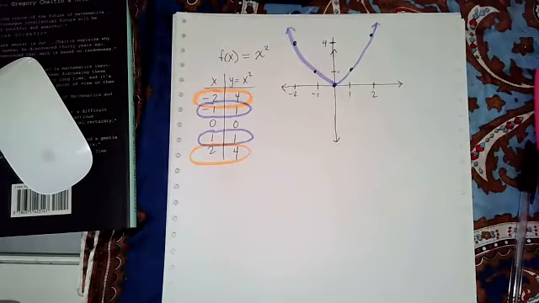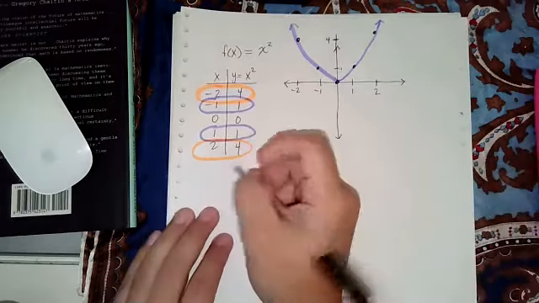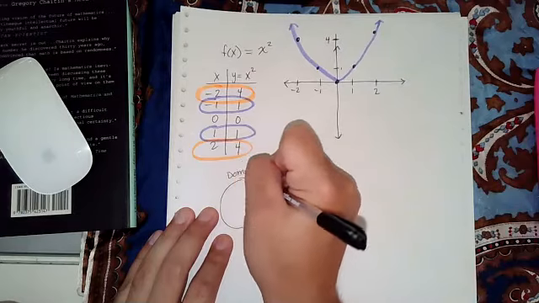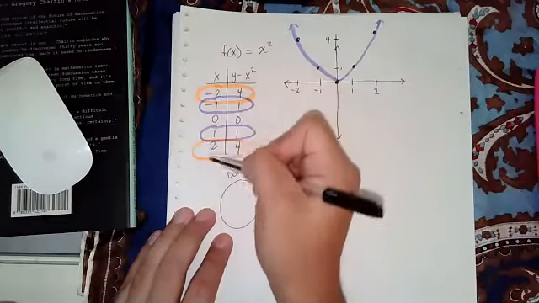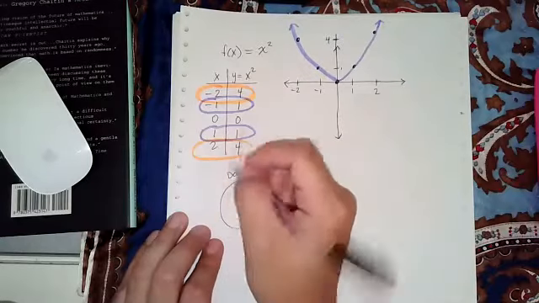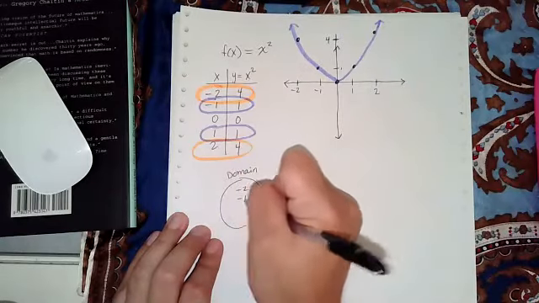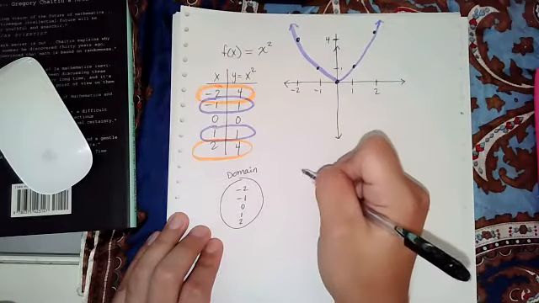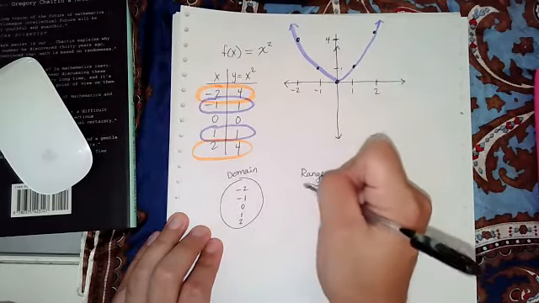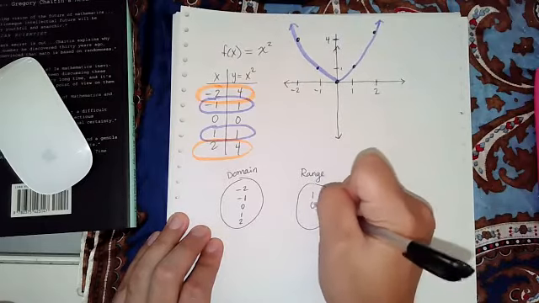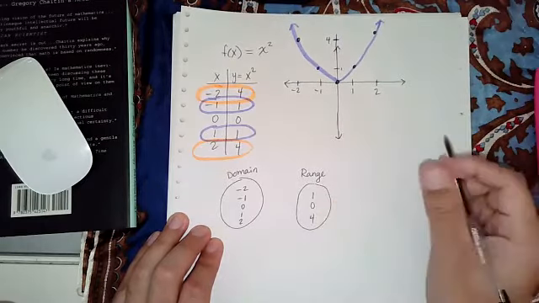So if we were to draw a bubble map of that, for instance, we would maybe write all of our values in the domain. Well, all the values that we've listed here that are part of the domain. It's not the entire domain. We could have -2, -1, 0, 1, and 2. But then our bubble map for our range for this limited set of values are just 1, 0, and 4.